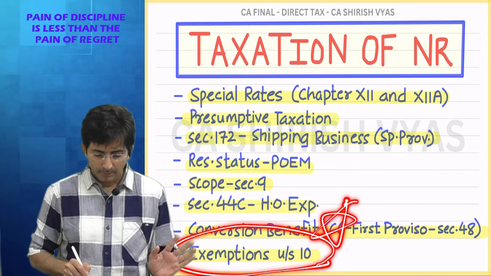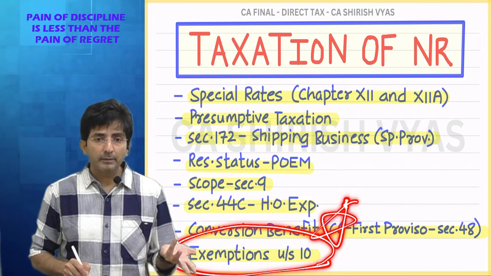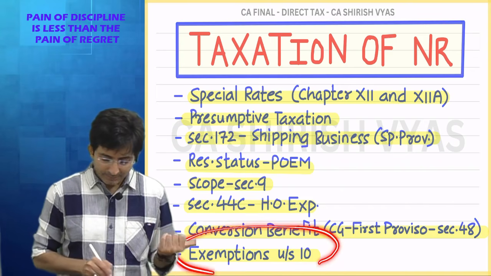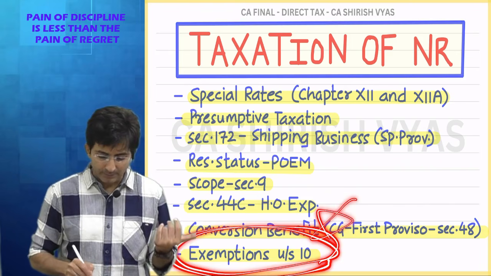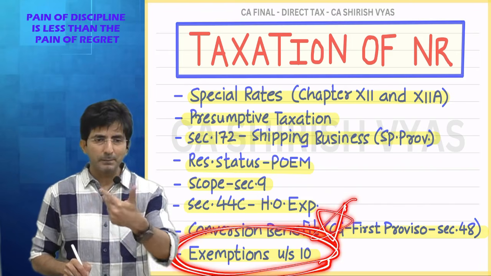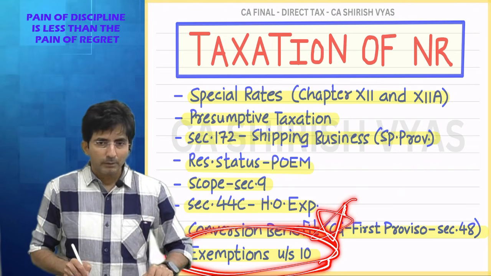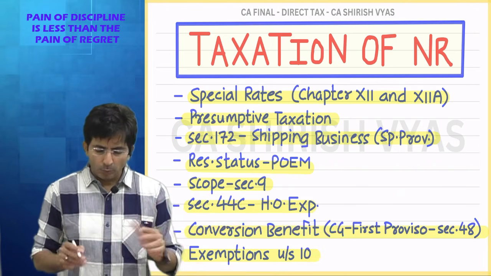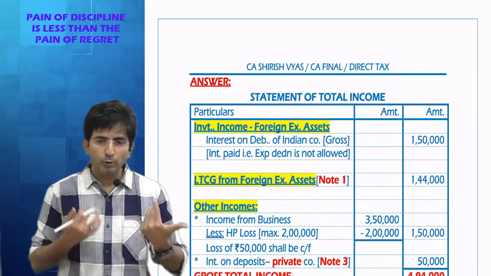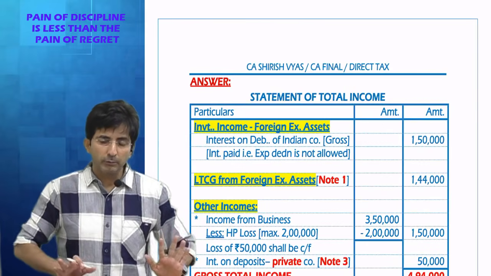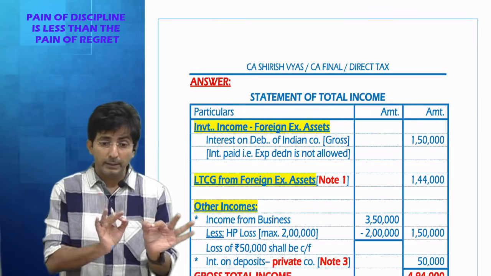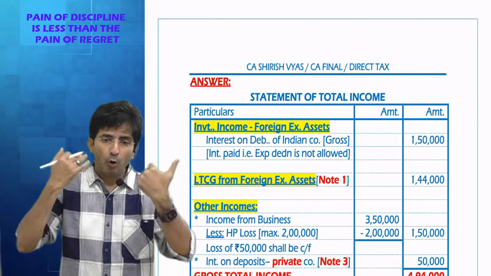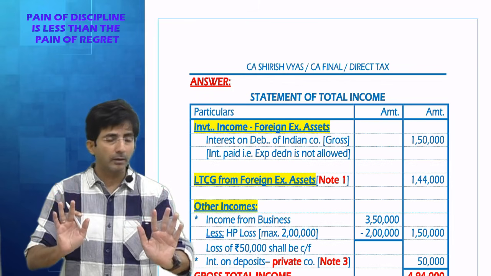Rest everything we have done. This section 10 oriented exemption doesn't have any questions in my book. So this is pure theory which I will take in the next lecture. So whatever questions are remaining in the book, you have to do all in homework. All the remaining questions are homework. I am not giving the question numbers, this or that. All questions which are remaining till now are homework.